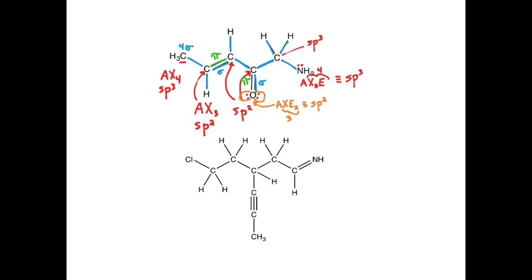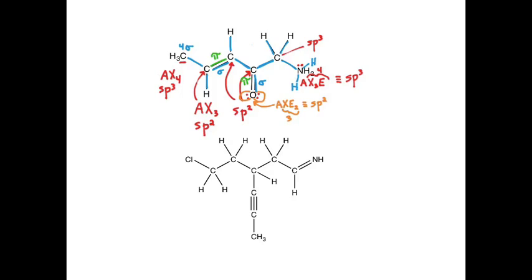The nitrogen, I'm just going to draw them out, 2 sigma bonds to the hydrogens, and then it has the lone pair. So if we look at this molecule in its entirety, everything is a sigma bond except for what is in green, and we have 2 pi bonds shown here.